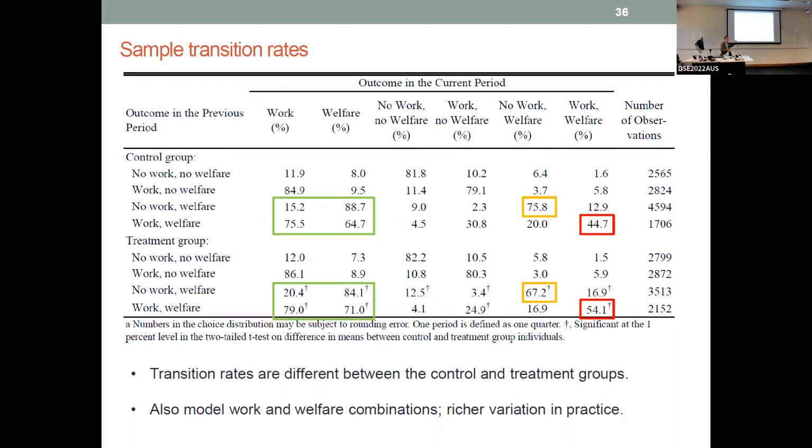But you can tell that the experiment made a difference. For people who were working welfare recipients in the last period, if they are in the treatment group, they are much more likely to remain in the same state relative to an individual in a control group.